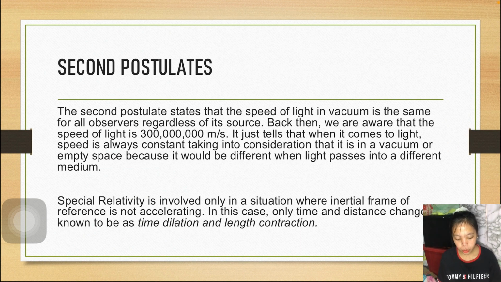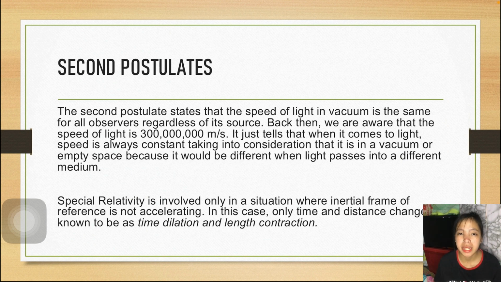It just tells that when it comes to light, its speed is always constant, taking into consideration that it is in vacuum or empty space, because it will be different when light passes into a different medium. Ang bilis nito ay palaging pareho para sa lahat ng mga tagamasid, anuman ang pinagmulan nito.